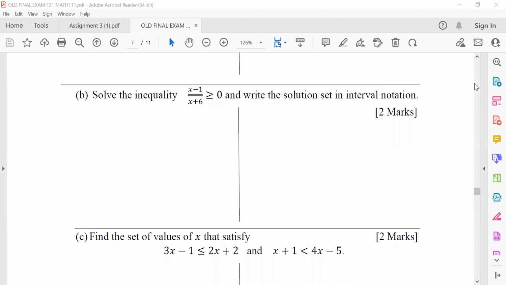Now question B in this first exercise of the final exam. We have a rational inequality, section 2.5. Here also, be careful.